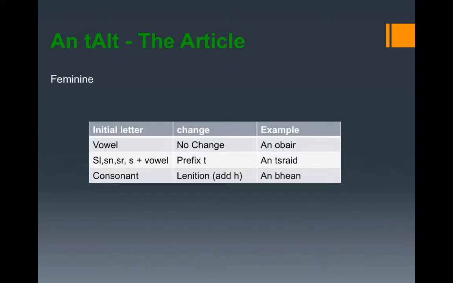For the feminine vowels, you have no change when there's a vowel. If you have an S, it's prefixed with a T, like in this street, sráid. Consonants get a lenition. You have to add an H.